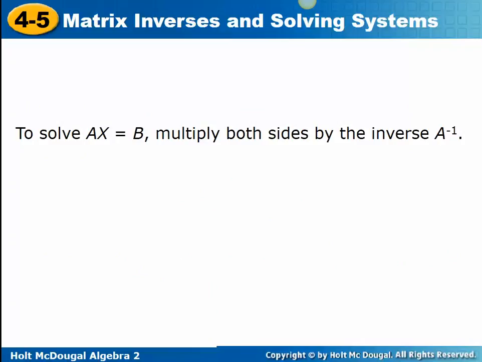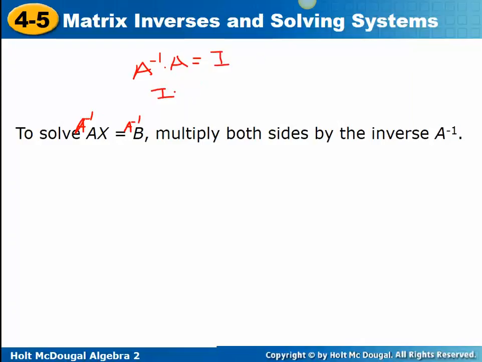So to solve AX equals B, we can multiply both sides by A to the -1, because we already found out that the inverse of A times A is equal to the identity matrix.